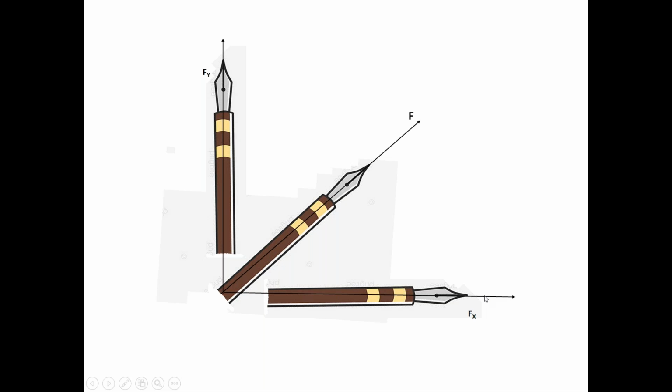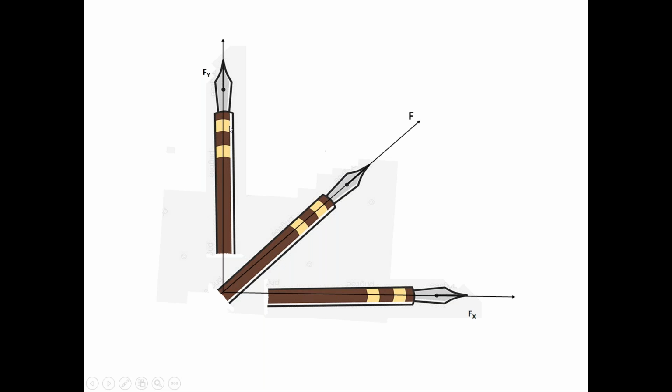So, put your pen nib in the direction of the force F, bring that pen onto the x-axis. So in this example, the direction of the projection Fx is towards the right side, that is towards the positive x-axis.